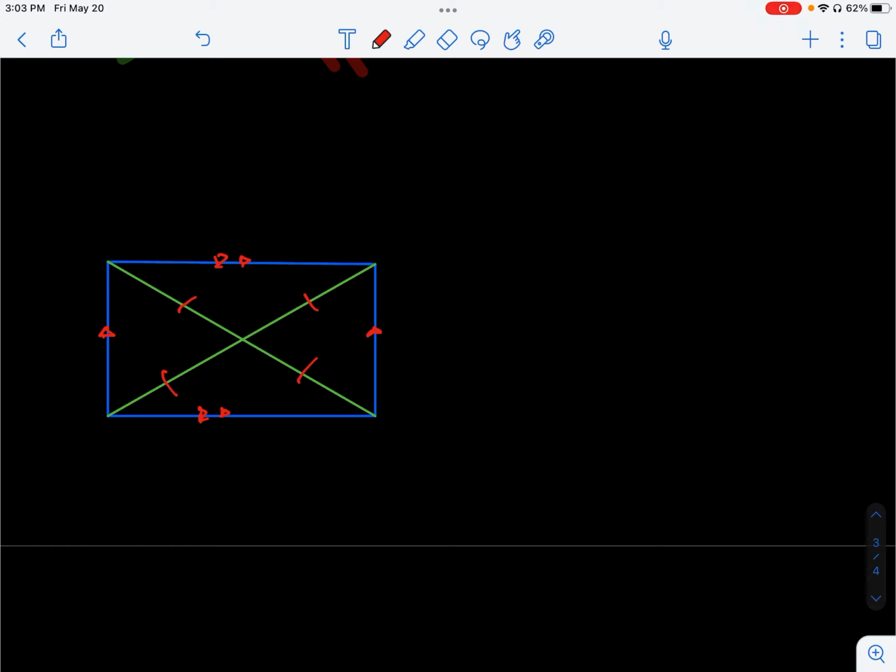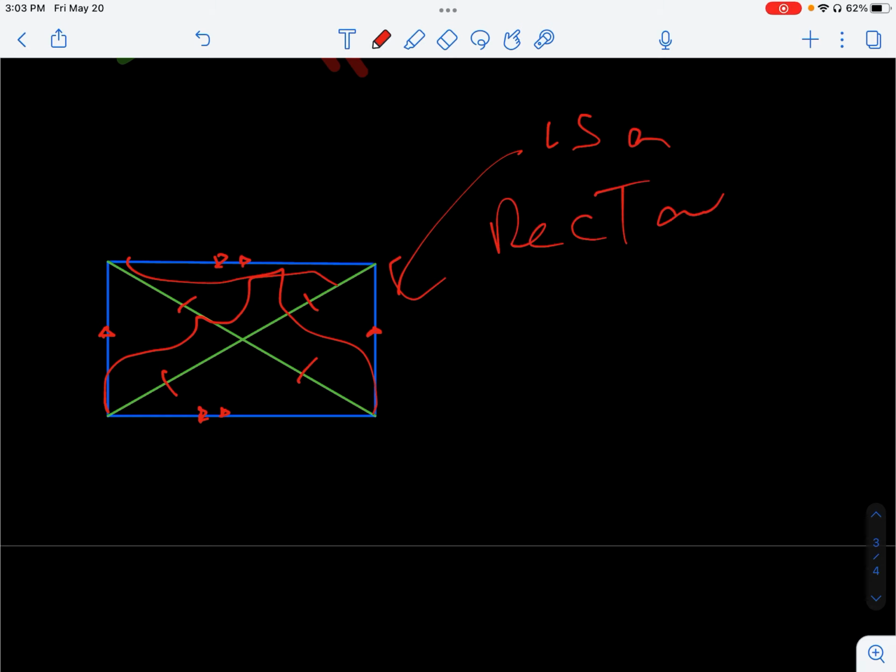So if this is true, that all four of these segments are congruent, which makes the entire diagonals congruent, right? Then this is a rectangle. And if we have a rectangle, the diagonals are going to be congruent.